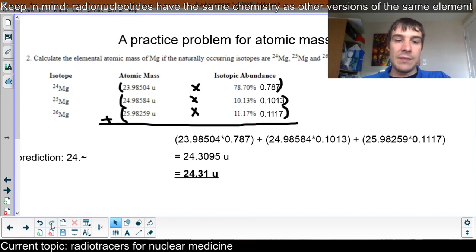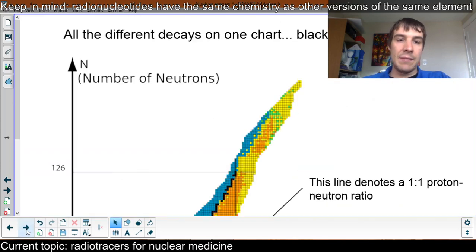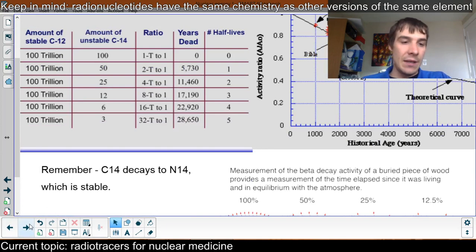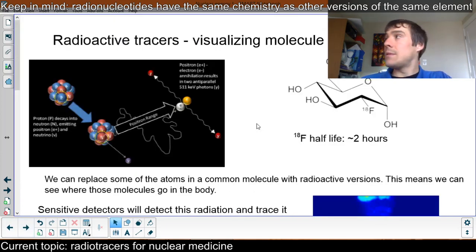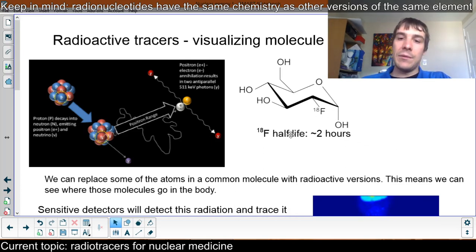So we use this concept of having the same chemistry but a different radioactivity to do stuff like this, where we will put a radiotracer on something. This, for example, is a glucose that's been what we call tagged with a fluorine, and that fluorine is a radioisotope of fluorine, fluorine-18. It has a half-life of about 2 hours.